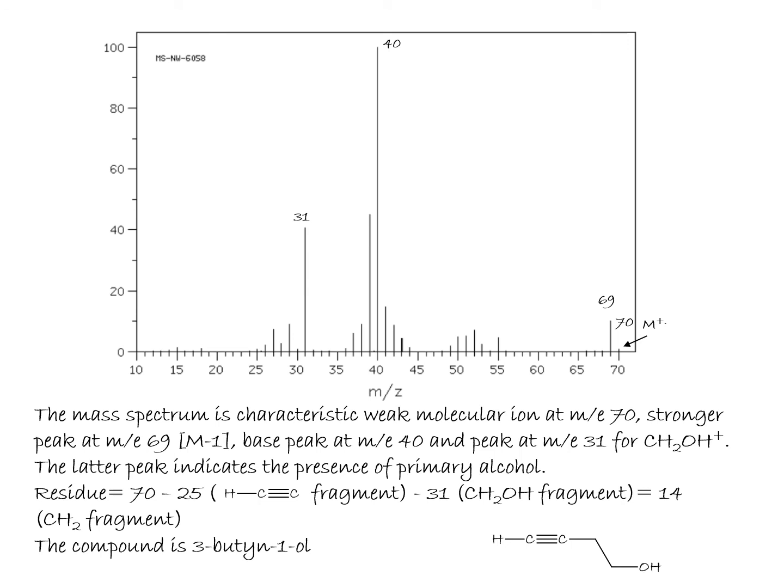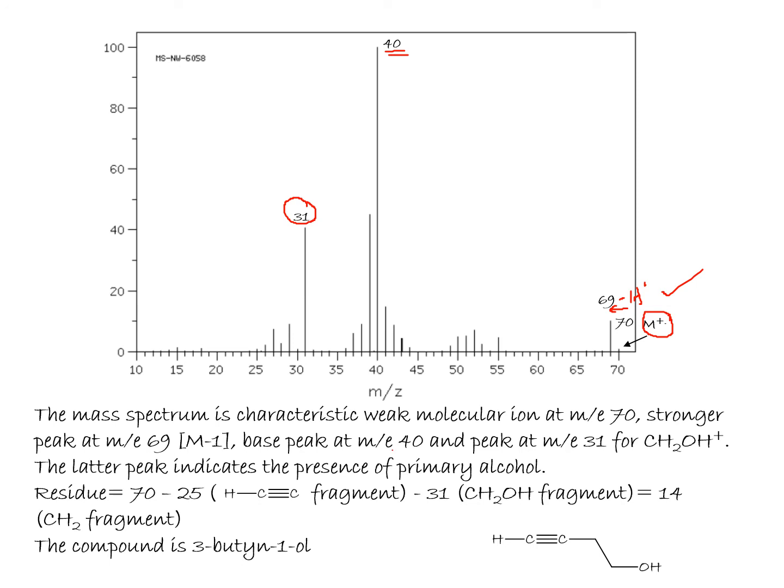The mass spectrum is characterized by a weak molecular ion at 70, but highly characterized by elimination of H. During the study of fragmentation of alkynes, we said that if it is a terminal alkyne it can lose H, so this also confirms it. And then I have a peak at 40, which is the base peak, and we have another intense peak at 31.